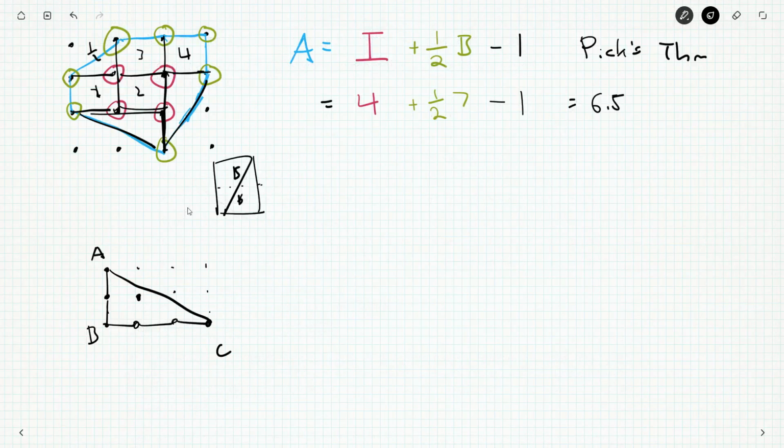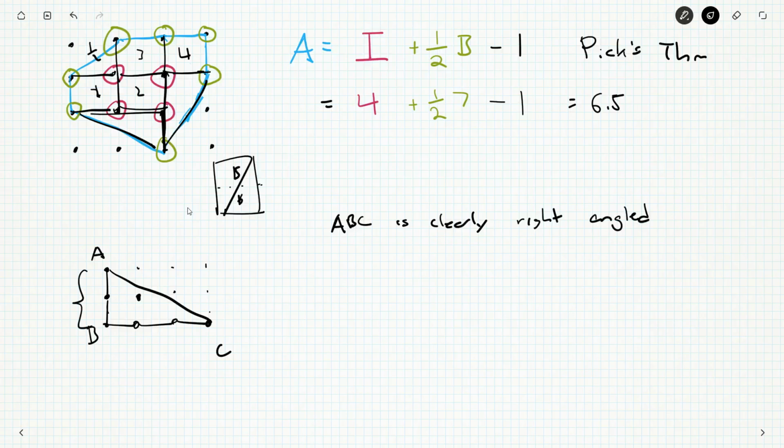Well, what I would do is I would say ABC is clearly right angled. Okay, and I would either label the picture or state AB is equal to 2, BC is equal to 3.